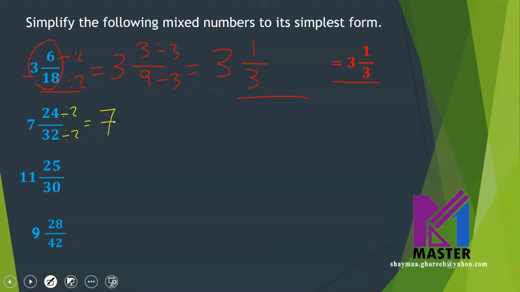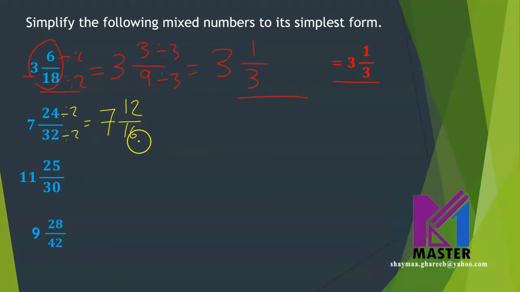Keep the whole number as it is, which is the 7. Then I will only simplify the fraction part. So 24 divided by 2 equals, yes, 12. And here, 32 divided by 2, which is half of 32, equals 16. So now 7 and 24 over 32 equals 7 and 12 over 16.